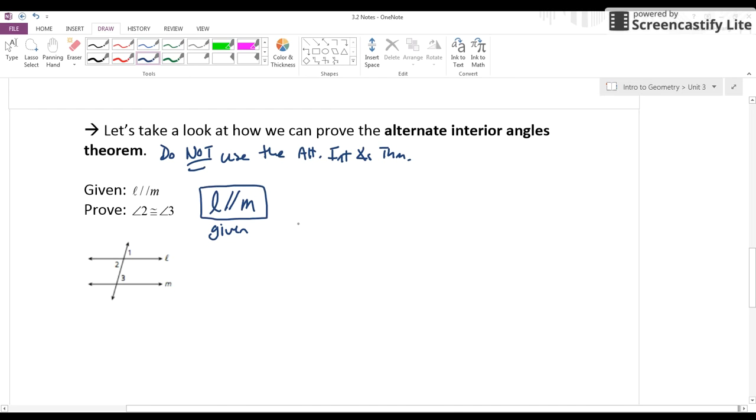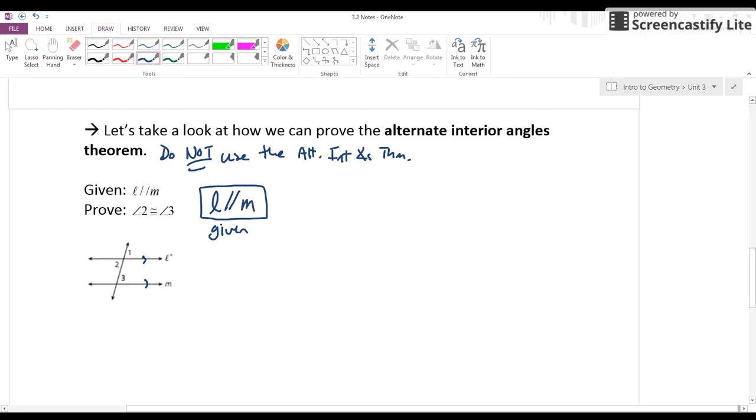Well, if L is parallel to M, what does that tell me about some of the angles I see here? Well, remember, in the end, my alternate interior angles are angles 2 and 3. So I want to show that angles 2 and 3 are congruent. Okay. But what other angles do I know looking at these two parallel lines? Well, what about angles 1 and 3?